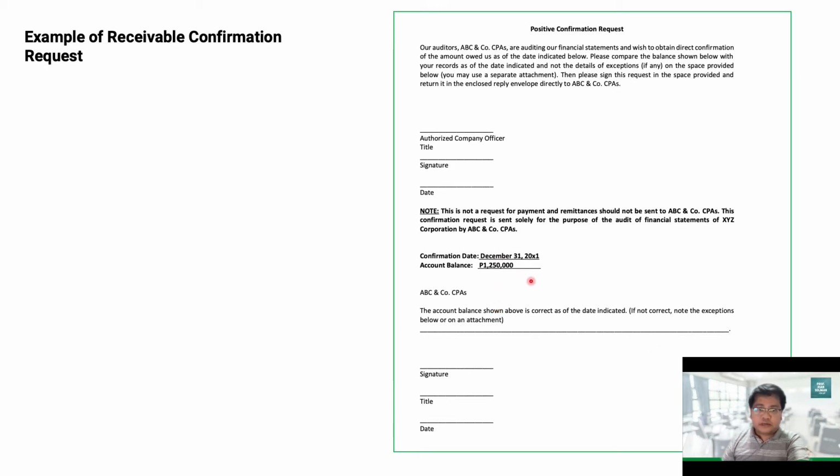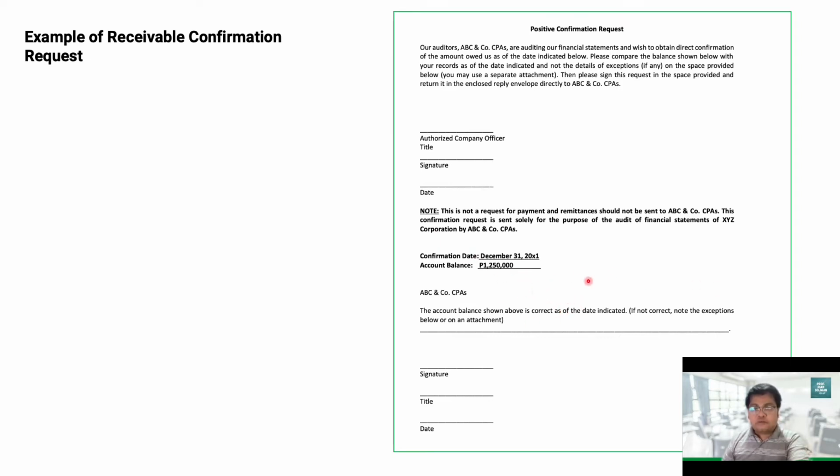If the amount is incorrect, normally they will attach or include supporting documents to prove that the amount per record of the customer is actually correct. However, as auditor, we have to investigate further whether there's a difference between the amount indicated here in the confirmation and the amount that is being attested by the customer.